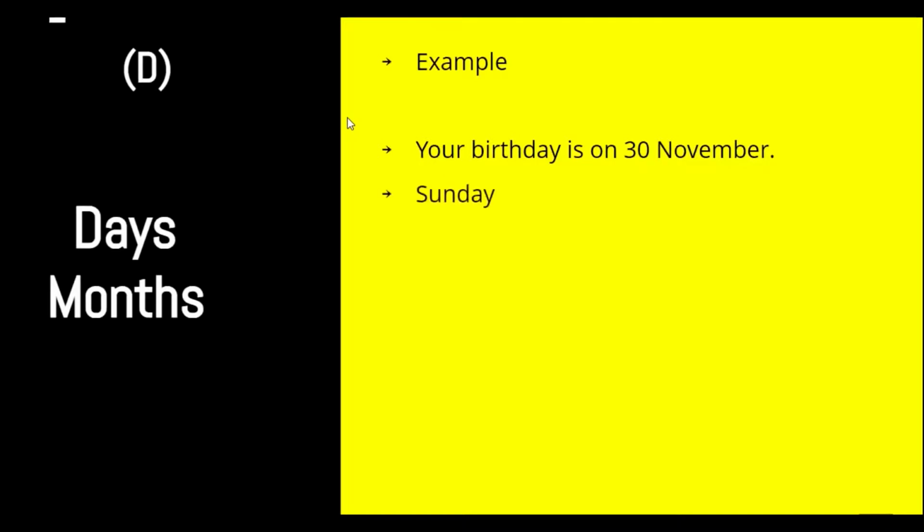The fourth rule is days and months. If you write something about days and months, especially in your graph writing, please do not make this mistake. Always write days and months with a capital letter. Here are some examples. Your birthday is on 30 November. Here November is a month, and the first letter of November is a capital letter.